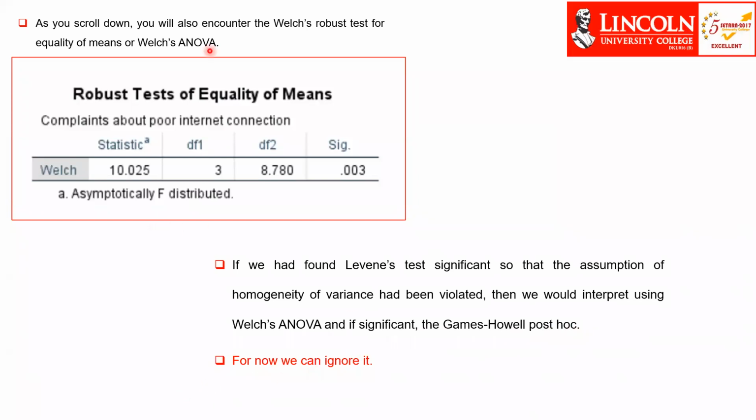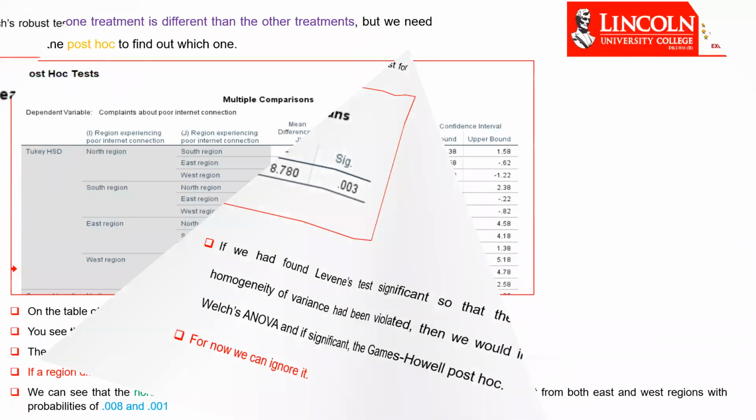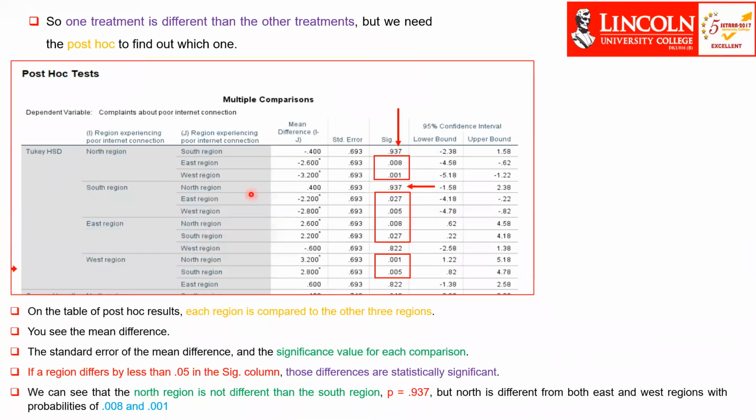But for now, since that is not the case, we just ignore this result. So one treatment is different from the other, but we need the post hoc to find out which one.